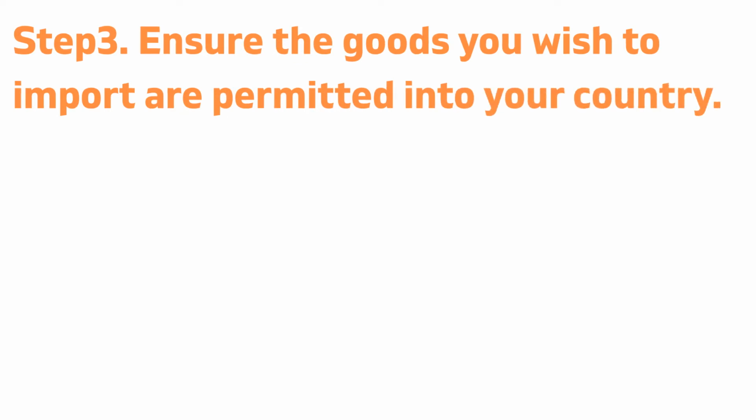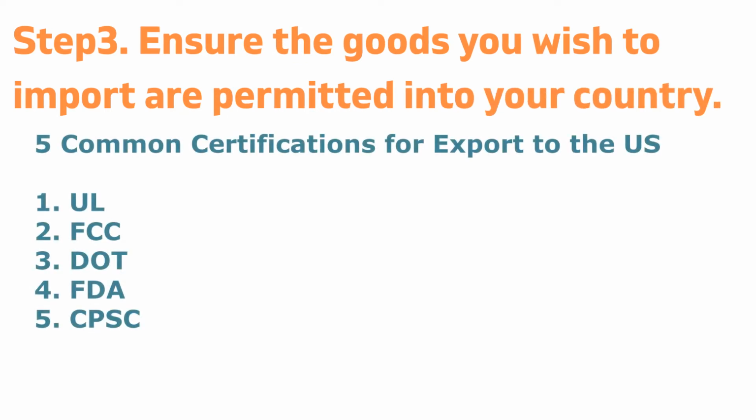So the third step is to ensure the goods you wish to import are permitted into your country. Certain goods are not allowed to be imported to the US. So make sure whether the goods you intend to import are subject to any permits, restrictions, or regulations by the government.